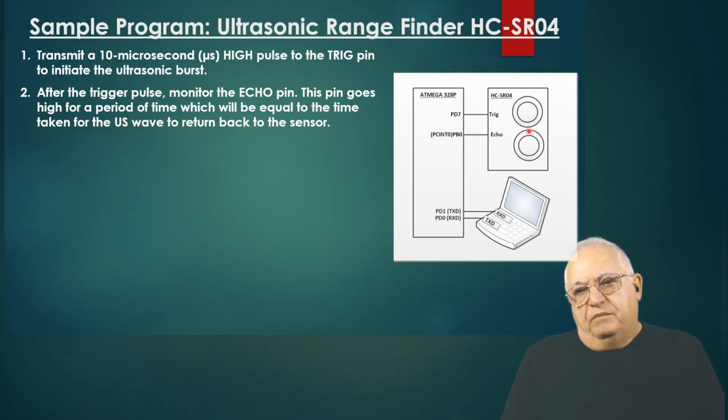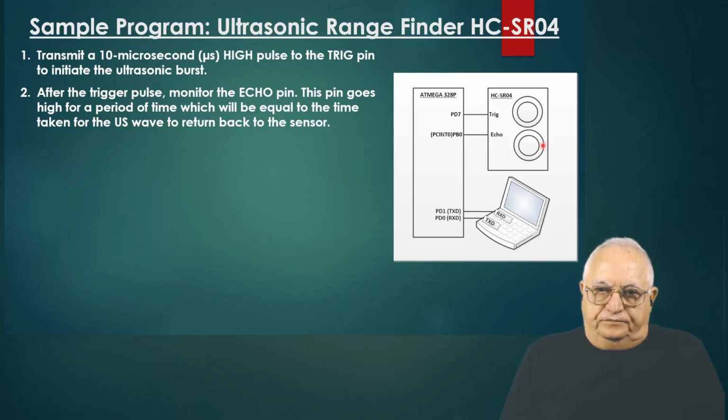So basically what happens is, when we put out the trigger signal, the echo signal goes high as soon as the ultrasonic rangefinder sends out its signal. When the signal gets back to the rangefinder, the echo goes low.